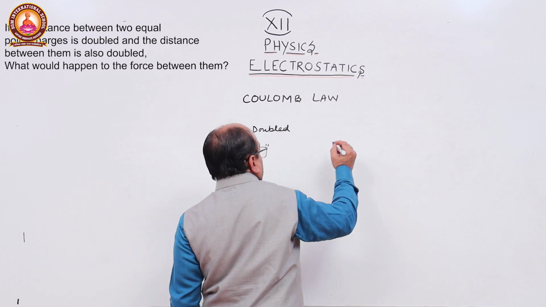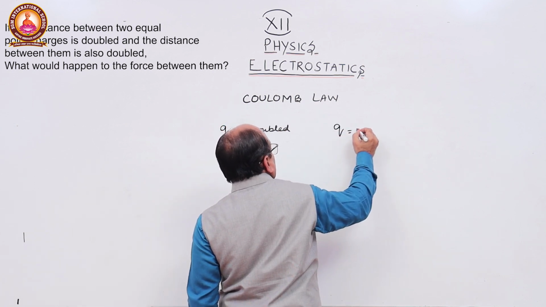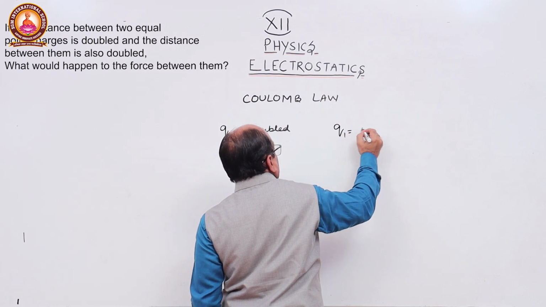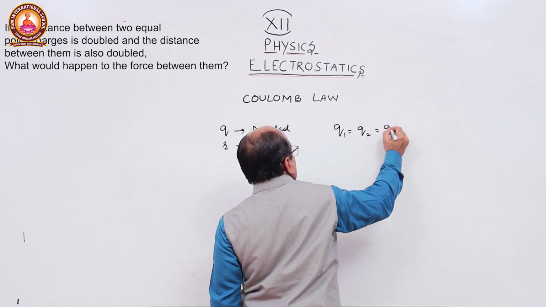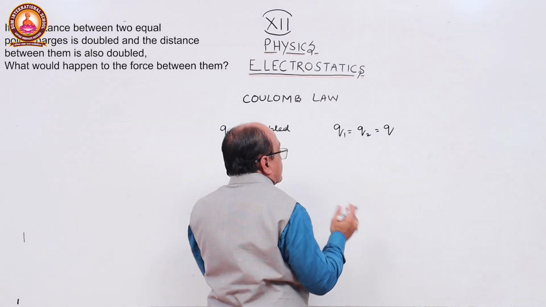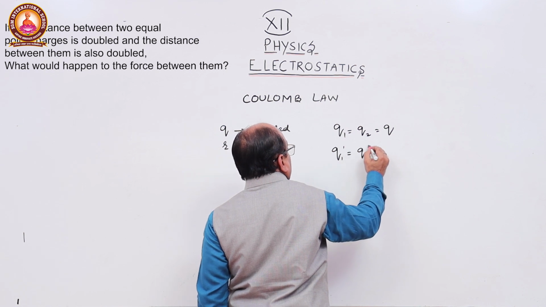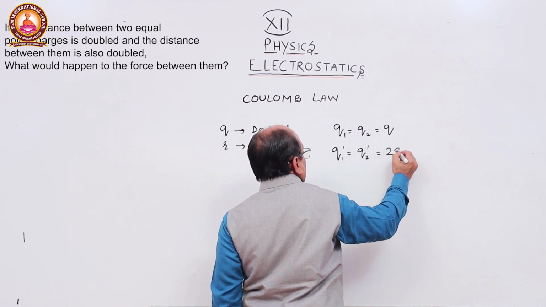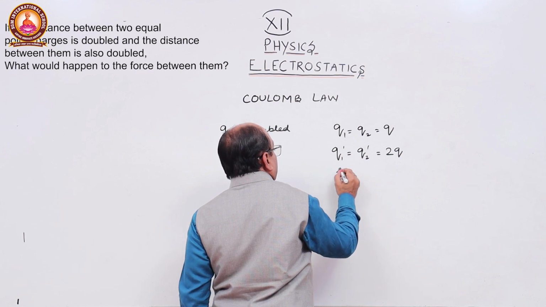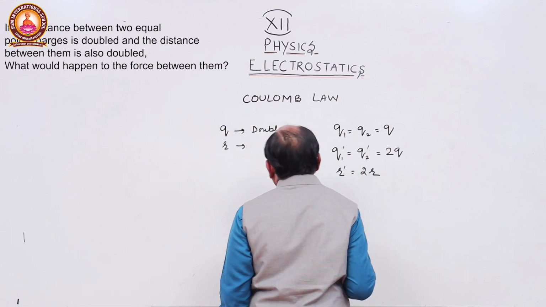We will take the first case, Q1 is equal to Q2 is equal to Q. And when charges are doubled, that is Q1 dash is equal to Q2 dash is equal to 2Q, and R dash is also doubled, that is 2R.